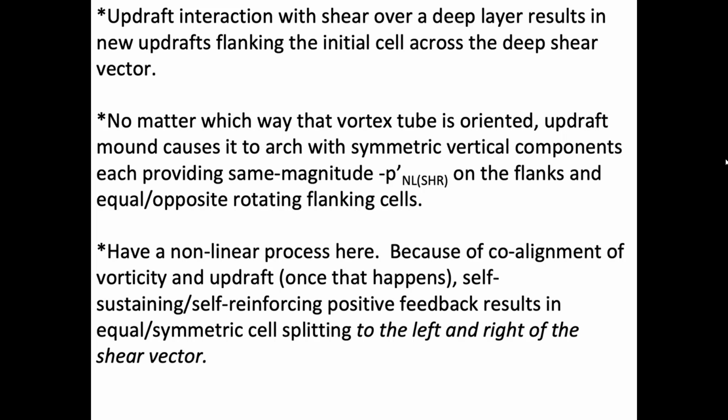Again, this is going to be from the same magnitude negative perturbation pressure nonlinear shear effect occurring on both flanks with equal opposite rotating flanking cells. Again, nonlinear process here occurring because of the eventual co-alignment of the vorticity and the updraft, supporting the self-sustaining, self-reinforcing positive feedback, resulting in equal symmetric cell splitting for both the left and to the right of the shear vector.